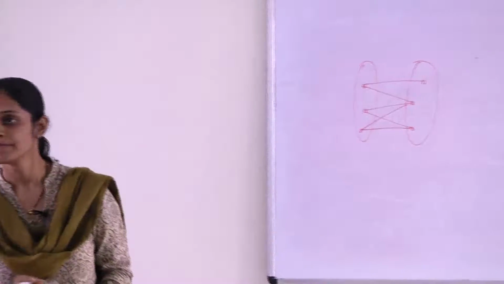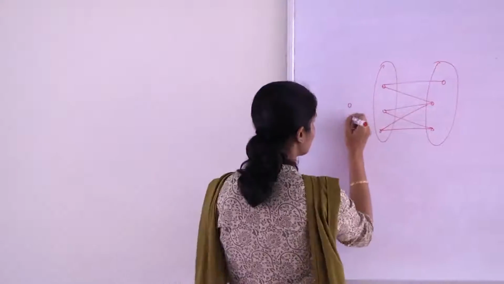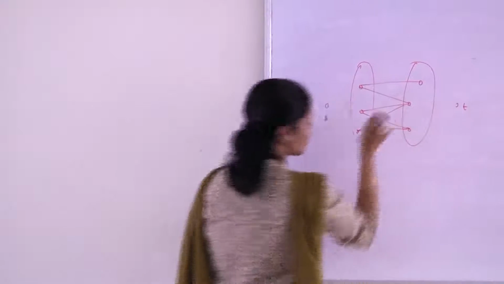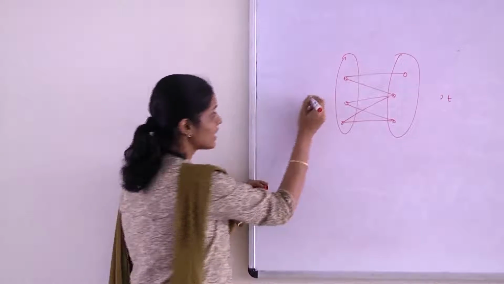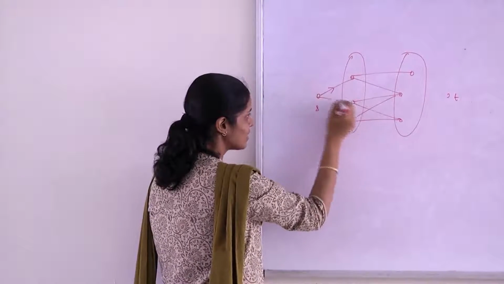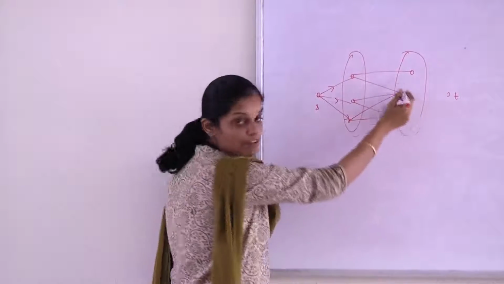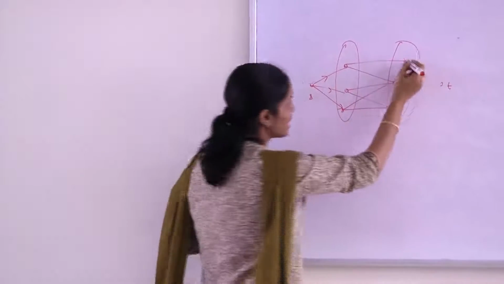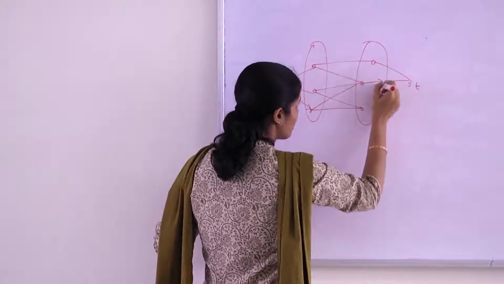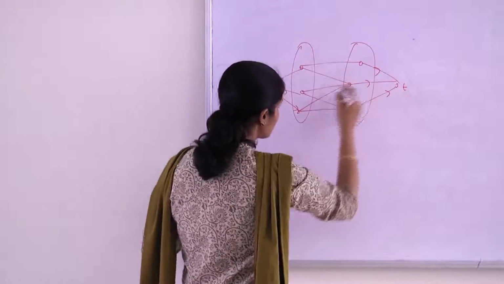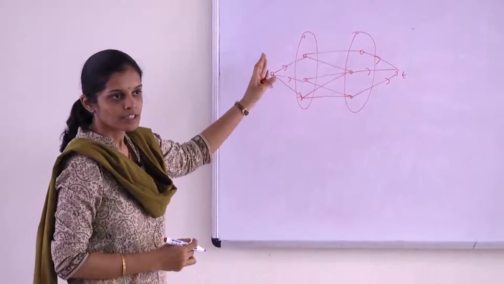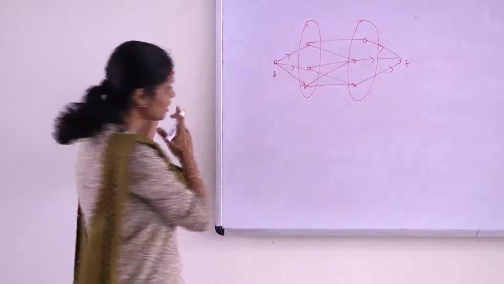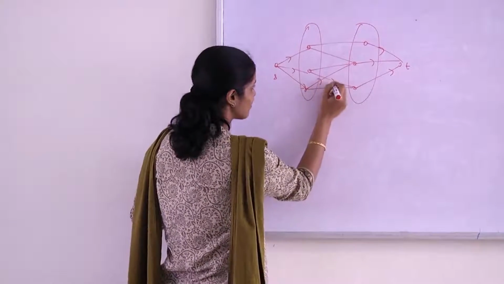Add S and T. And now how do I make the connections? Connect S to every vertex in A, and connect every vertex in B to T. What about the directions on the edges? Since all edges are unmatched, they go from A to B, so all edges have this direction.